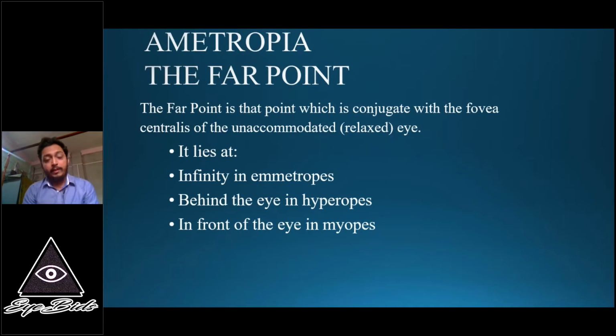To understand the reason behind it, we should understand a few things. In visual optics or optometric optics, all of you have heard about the far point and near point. The far point for emmetropes is infinity, for hyperopes it is behind the eye, and for myopes it is in front of the eye.